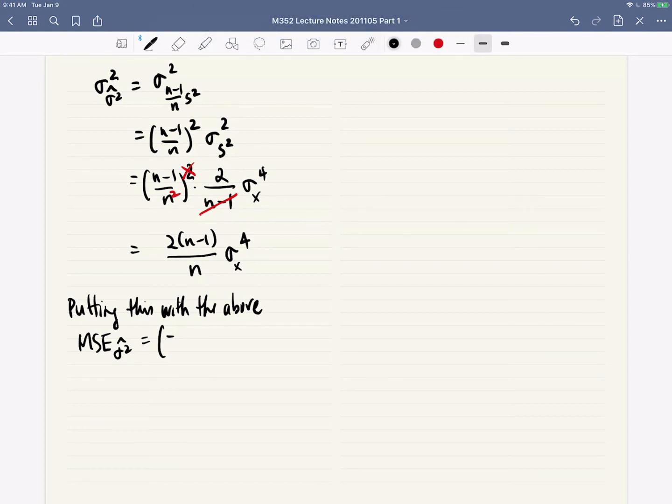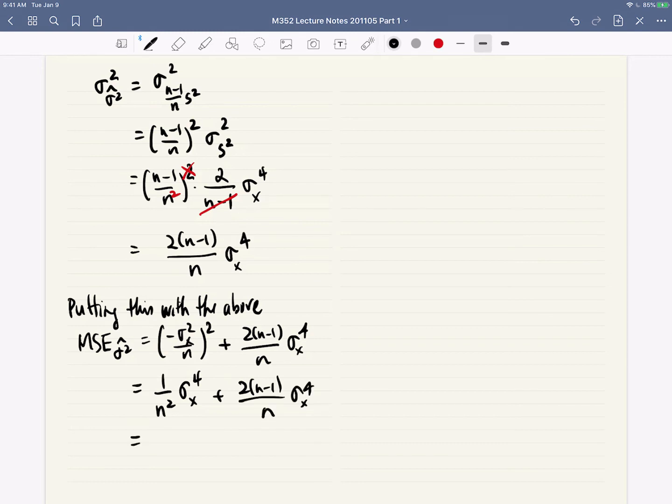So I have the bias squared plus my variance. And again, I've got that x there. So let's simplify this a little bit. I get 1 over n squared times variance to the 4th plus 2 times n minus 1 over n times variance to the 4th.